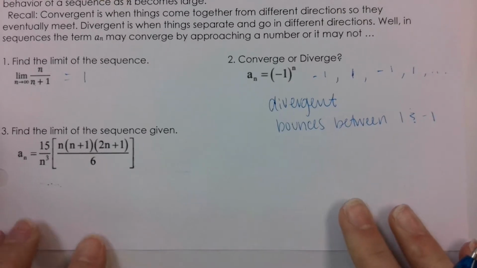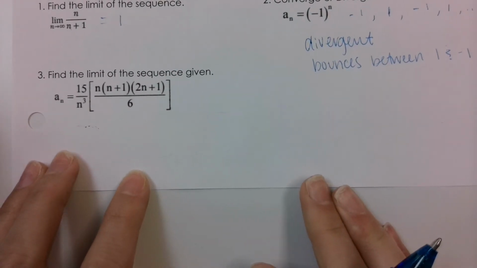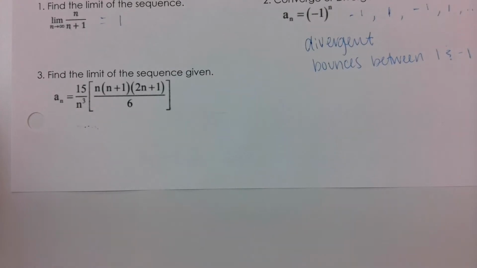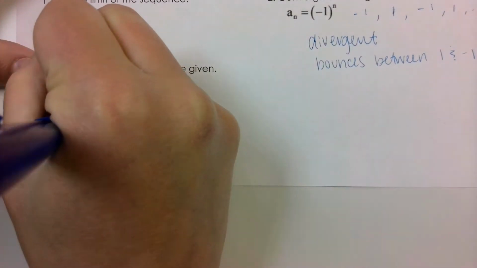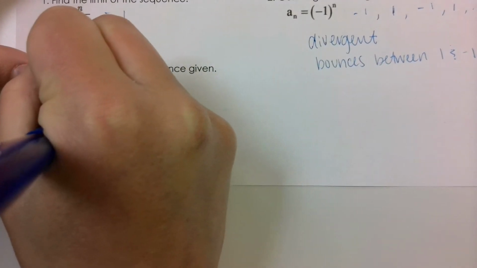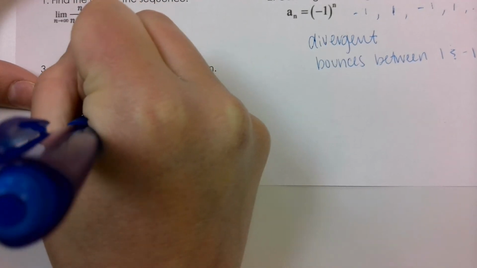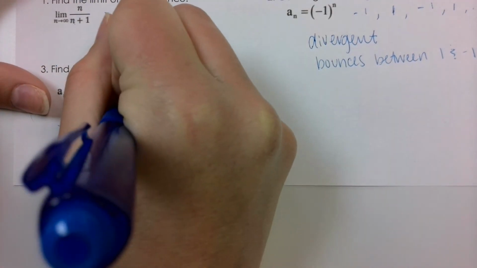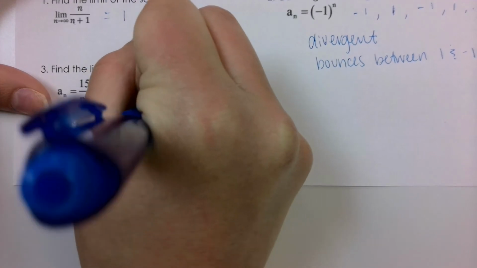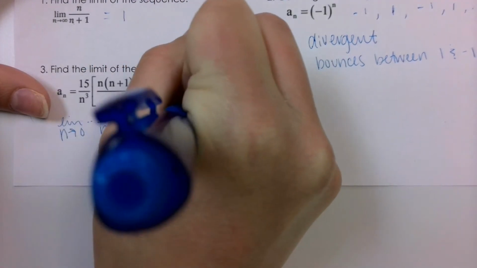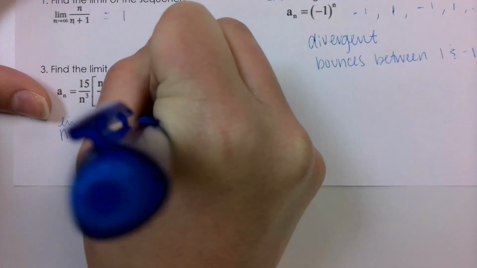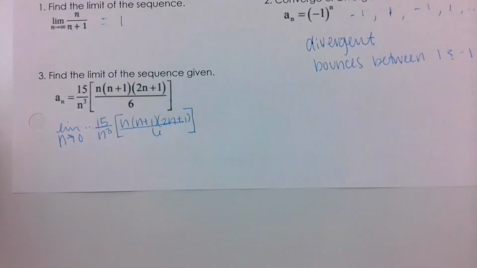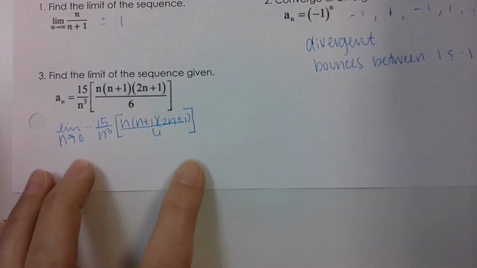So for the last part here, we want to find the limit of this sequence. So we're going to go ahead and set that up. So we're going to do the limit as n approaches 0 of 15 n cubed and inside. So if we're looking at this right now, what's our first instinct?